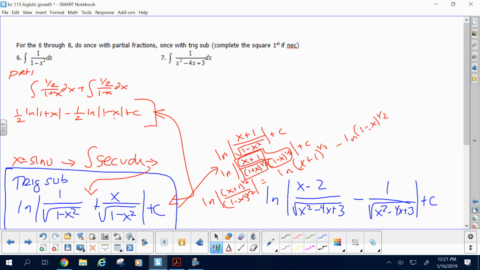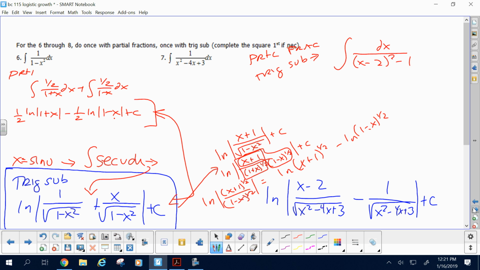Look at 7. A lot of mistakes in 7. Not so much on the partial fractions. The partial fractions probably were okay. It was on the trig sub. On the trig sub, first of all, check you're completing the square. I had a handful of people make an error completing the square. You should get x minus 2 squared minus 1.